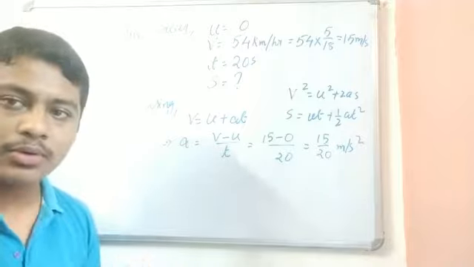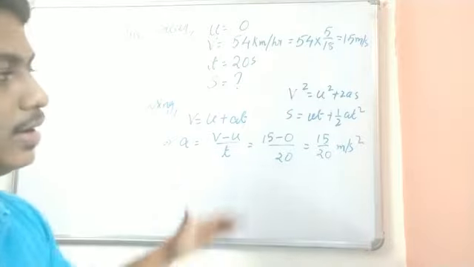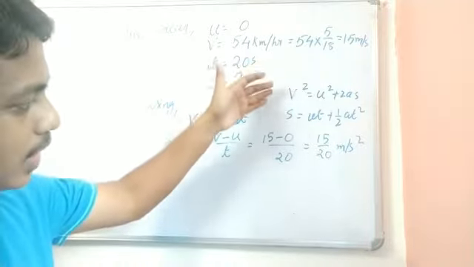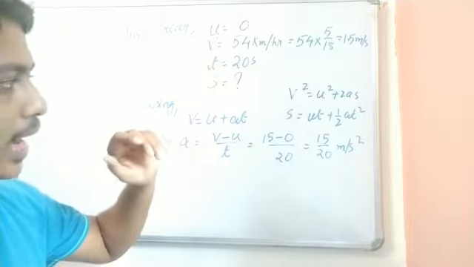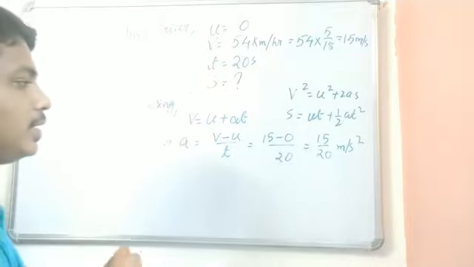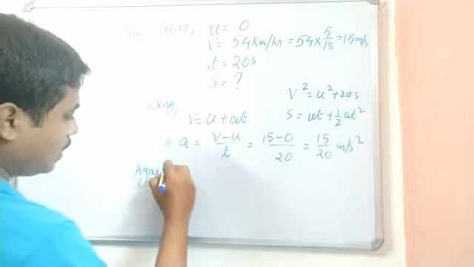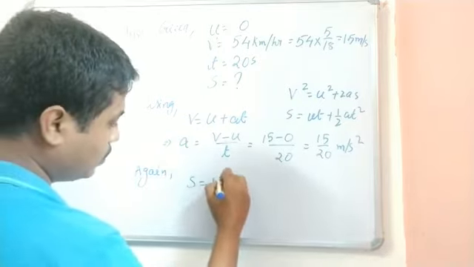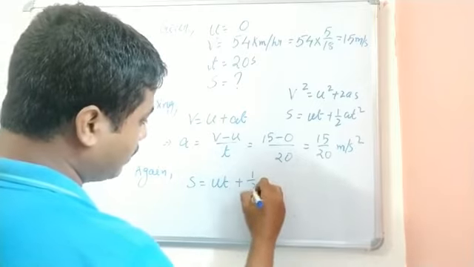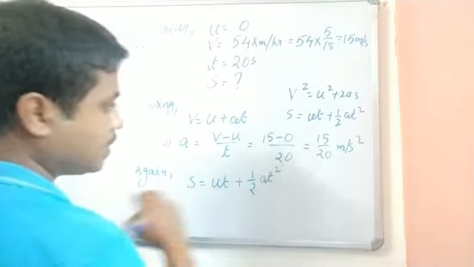Now we go to calculating the displacement. I can use the above one or the below one. I'll be using the below one. S equals ut plus half at square. Clear?